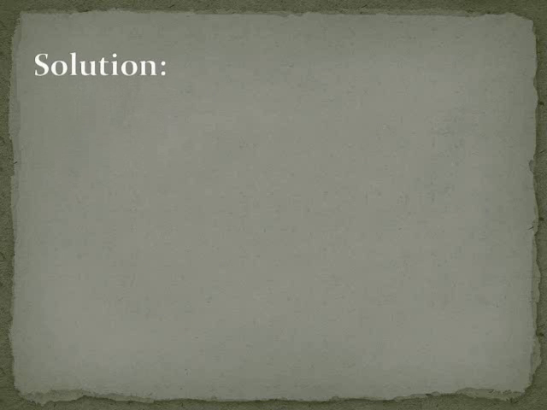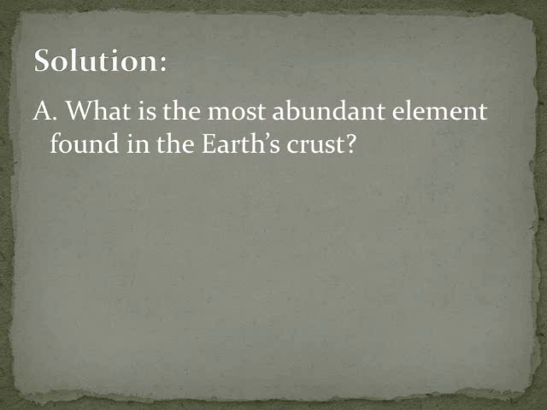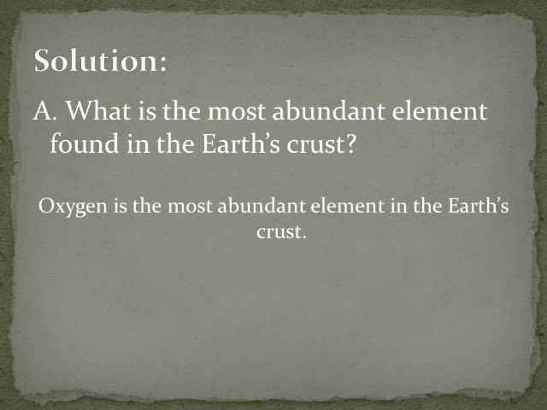Solutions. Let's find the answer of the question A. What is the most abundant element found in the Earth's crust? Based on the graph, oxygen is the most abundant element in the Earth's crust. It comprises 47% of the total composition.